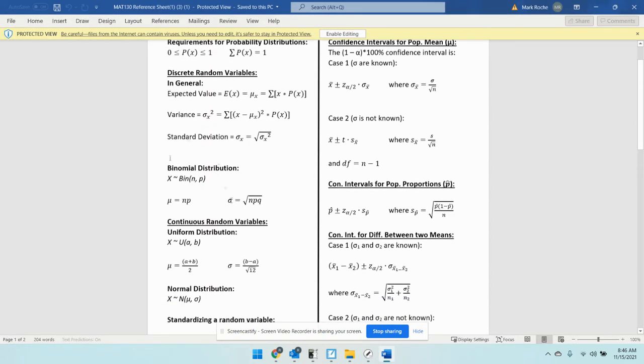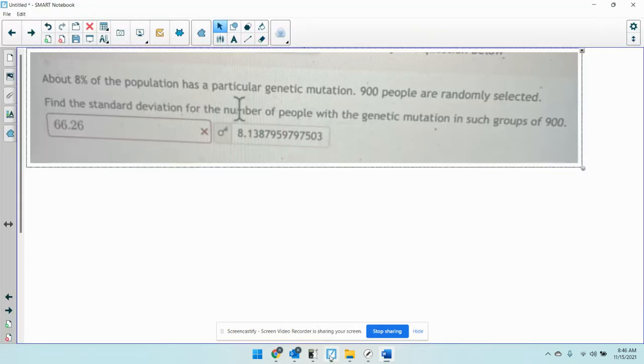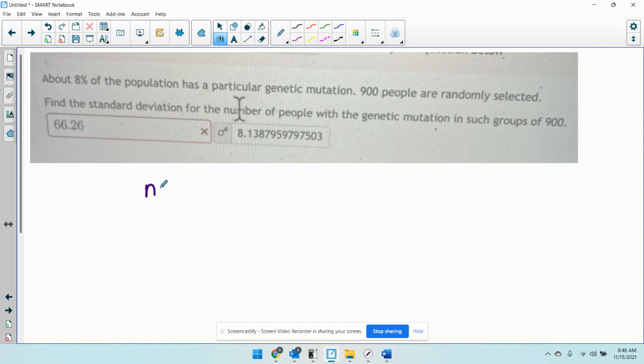And so here we have the binomial distribution. That's what we're using this whole chapter. Standard deviation of a binomial distribution is the square root of n times p times q. So here we have n equals 900. P is our success rate, which is 0.08. Q is just the complement of the success rate or the failure rate, 1 minus 0.08, which would be 0.92.